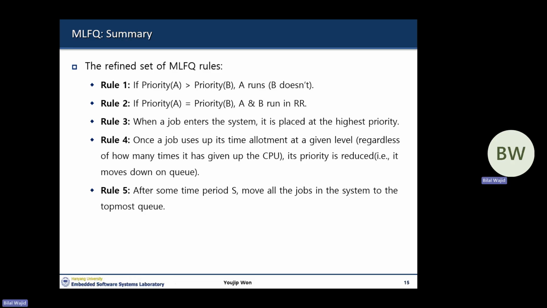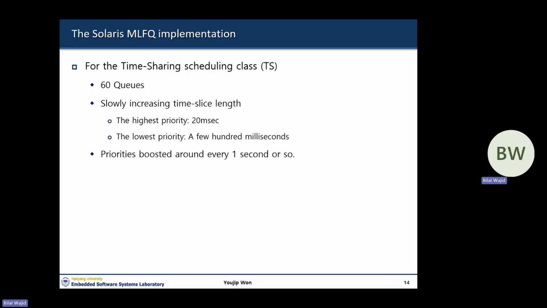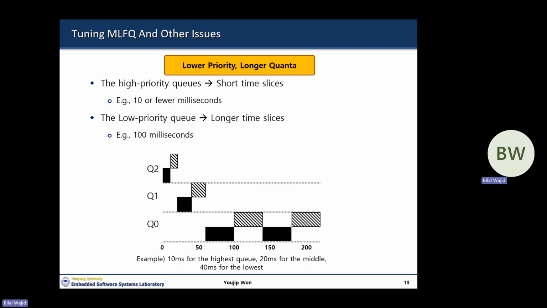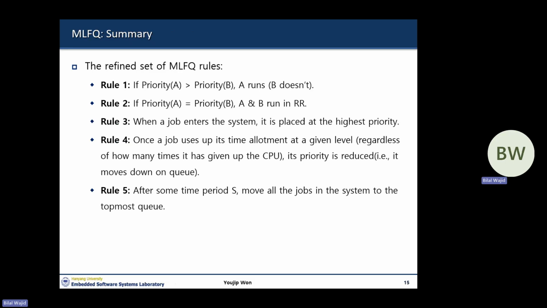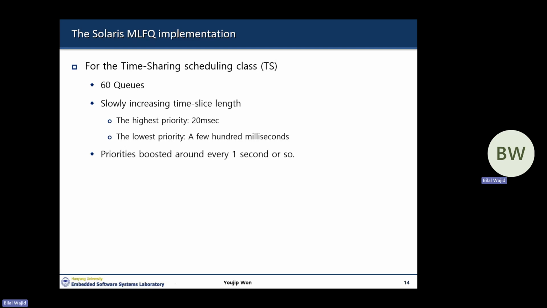There's another rule which I just missed: you can tune the MLFQ further so that lower priorities have larger quanta, as done by the Solaris MLFQ implementation. So Solaris MLFQ has a rule 6 as well, which is lower priority, longer quanta.